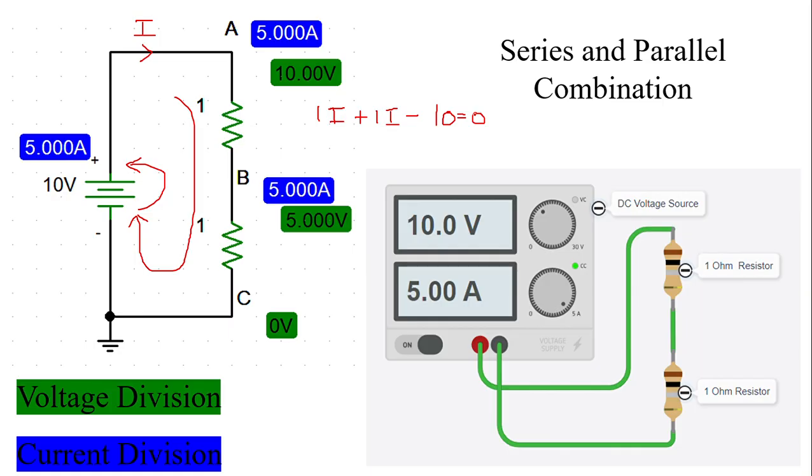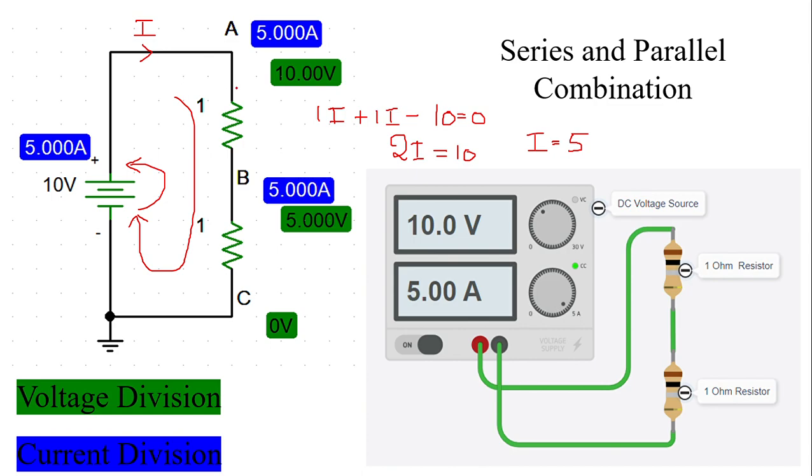So 2I is equal to 10, so I is equal to 5 amperes. It is very clear that the current flowing through this entire combination is 5 amperes.